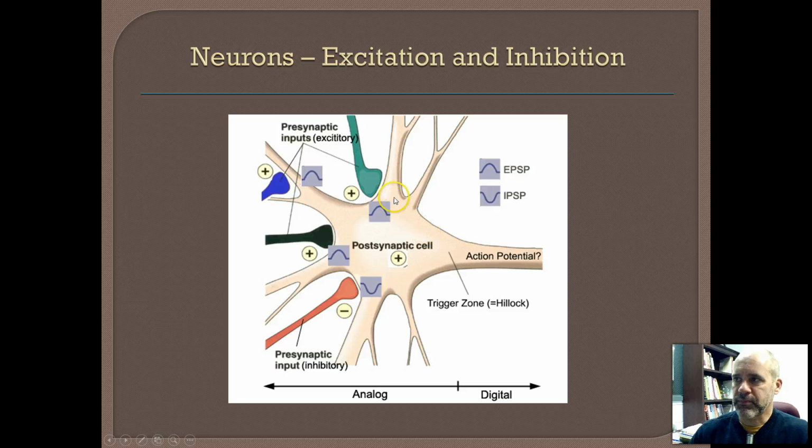And remember that the neurotransmitters that are getting secreted from the ends of these axons, those synaptic knobs, or axon terminals, are either going to be inhibitory or excitatory. Excitatory means you're depolarizing locally. Inhibitory means you're hyperpolarizing.